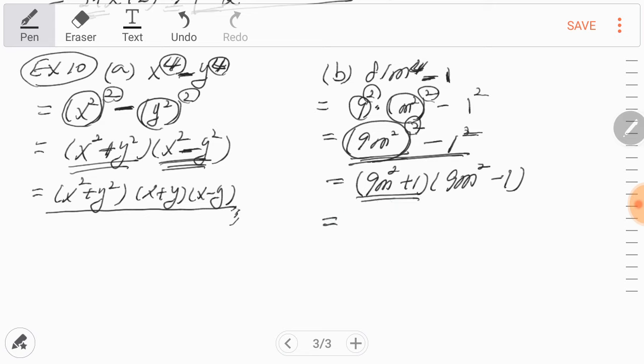The first parenthesis is a sum of squares, prime. But the second parenthesis is another difference of squares. If we rewrite it, 9 is 3 squared, so we can write it as 3m squared minus 1 squared.